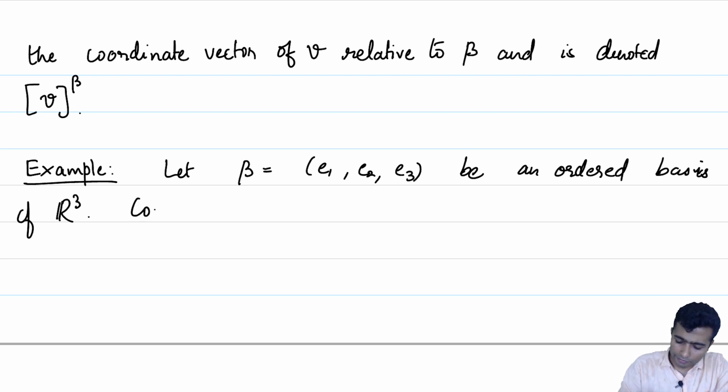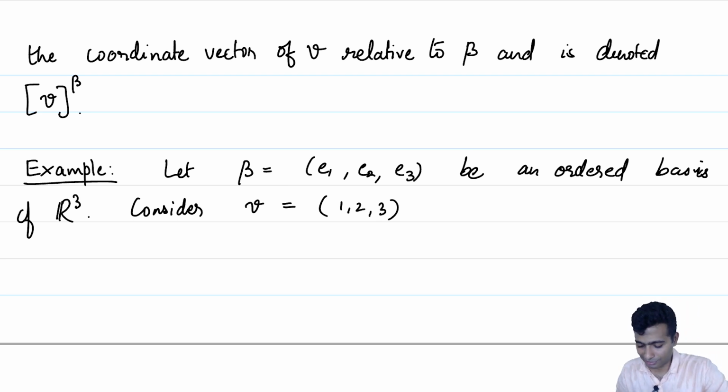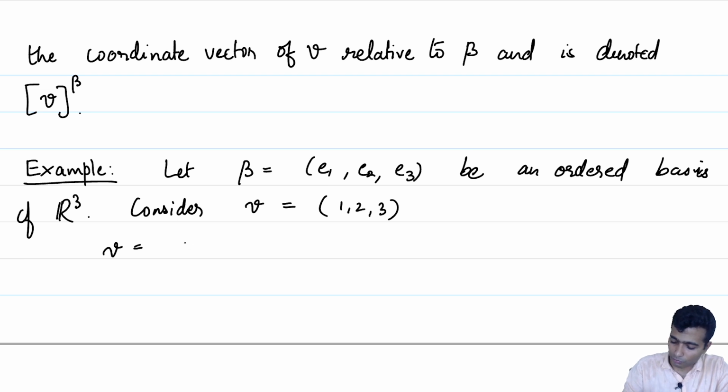So, consider a vector v. Let us arbitrarily take the vector 1, 2, 3, a very simple vector. What is v in terms of E1, E2, E3? v is equal to 1 times E1 plus 2 times E2 plus 3 times E3.